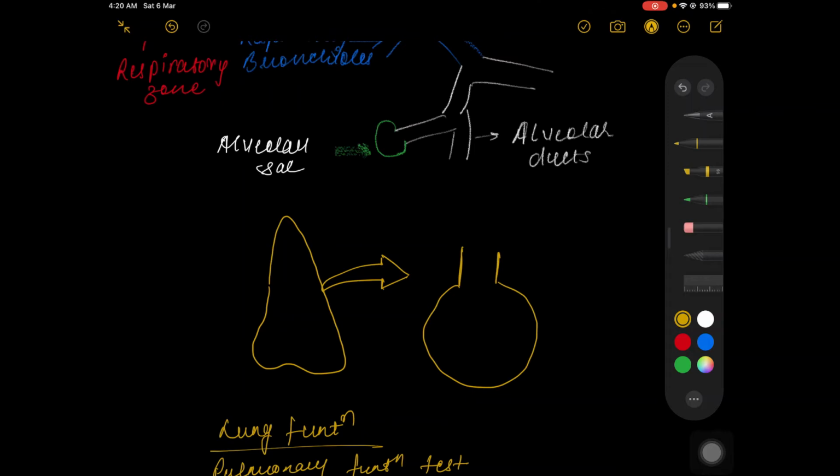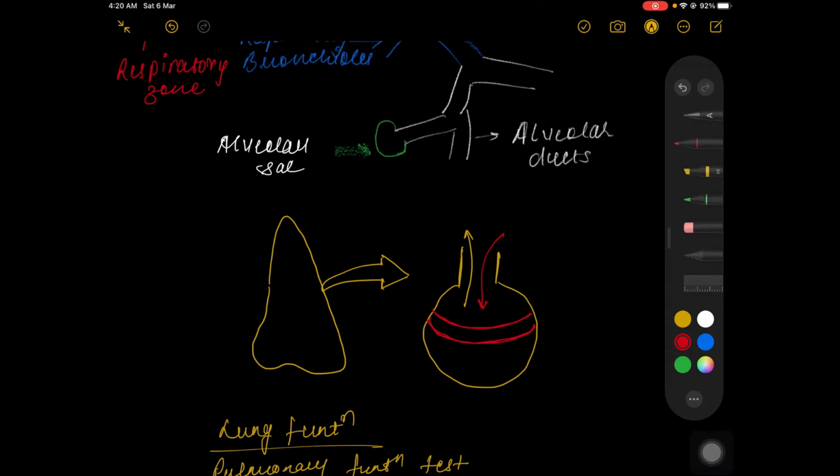Now, the amount of air we breathe in and out during a normal or resting state is referred to as the tidal volume.